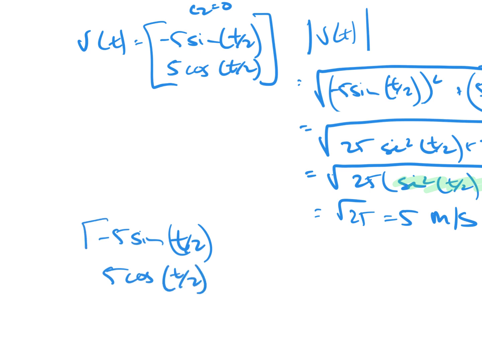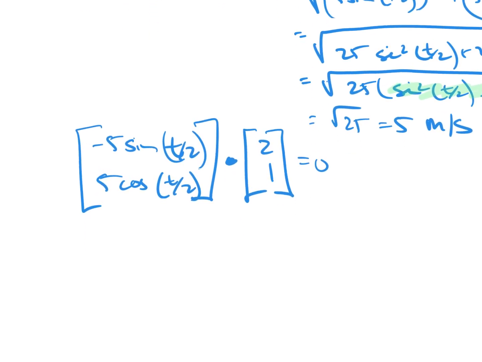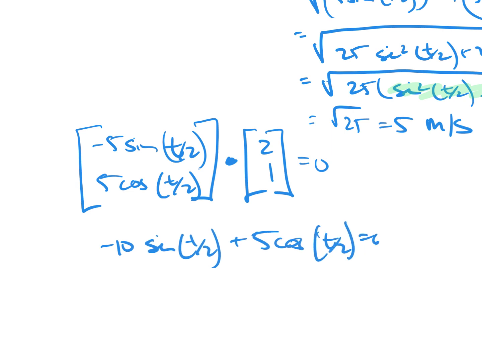I want it to be perpendicular to 2, 1. That means the dot product, the scalar product, must be 0. And so that gives me negative 10 sine t over 2 plus 5 cosine t over 2 is equal to 0.